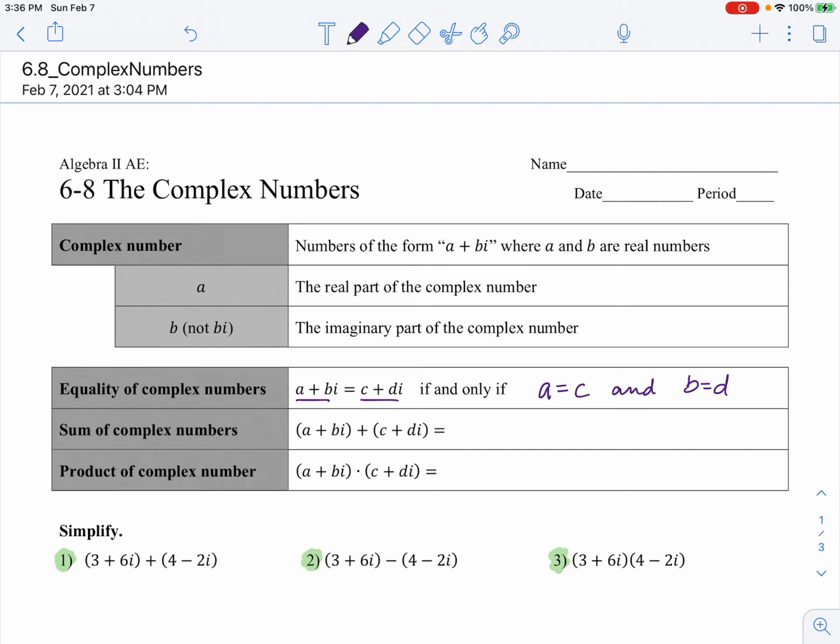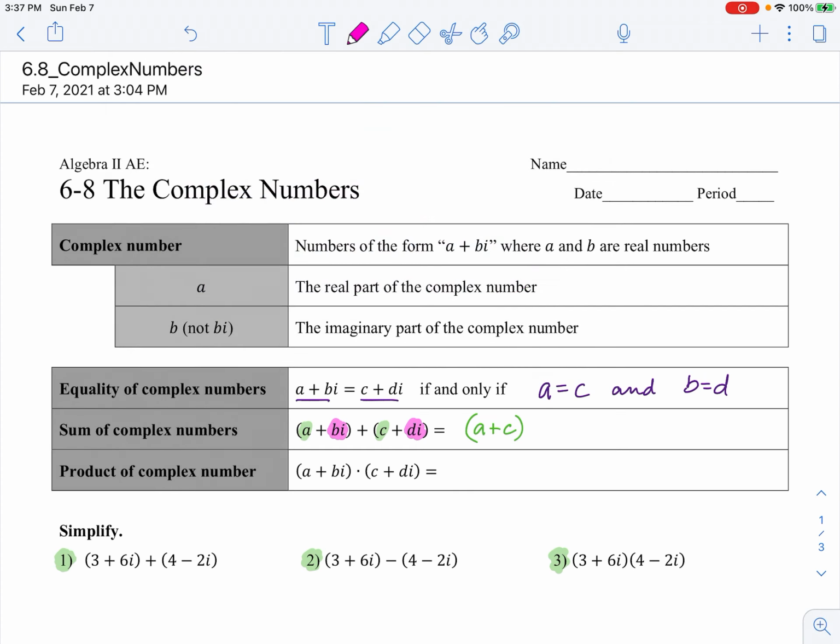We can essentially treat our imaginary number i as if it was a variable here, and we can add together the real parts. So we can have a plus c, and I'll throw that in parentheses there, and then we can add together our imaginary parts, and I'm really just treating my i as if it were a variable.